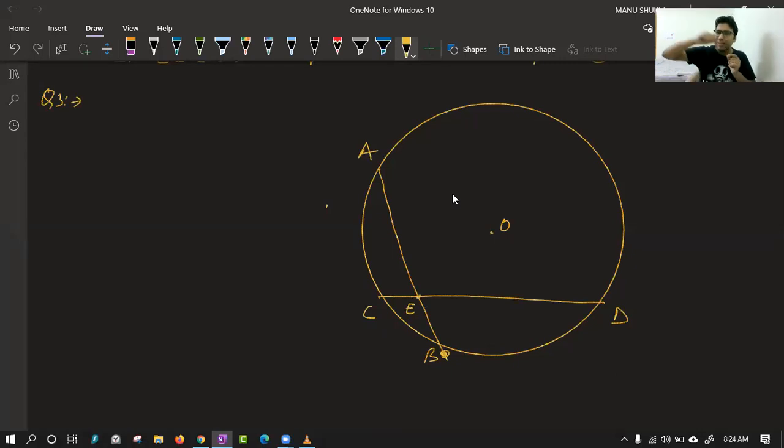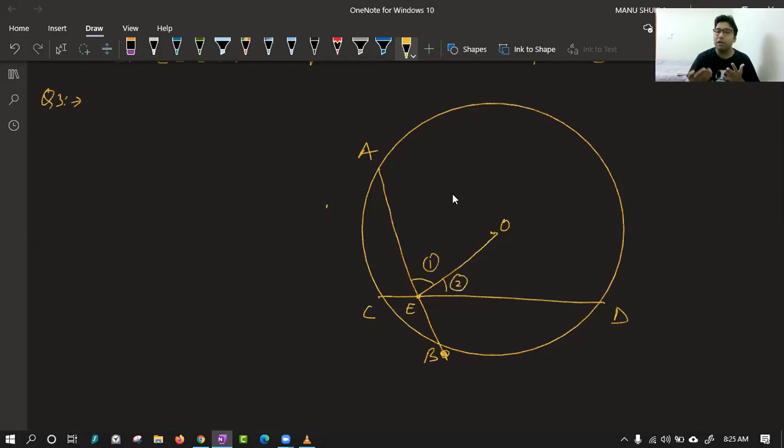So we have to join a line. Let me join the line like this. We have to prove that line joining the point of intersection to the center makes equal angle with the chord. So we have to prove that this angle 1 and this angle 2 is equal.